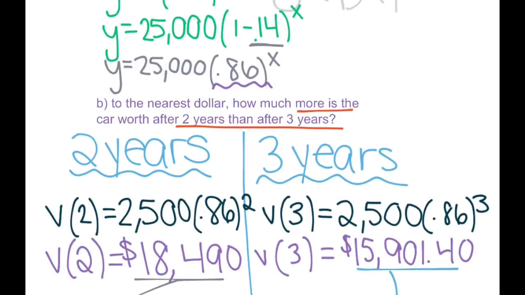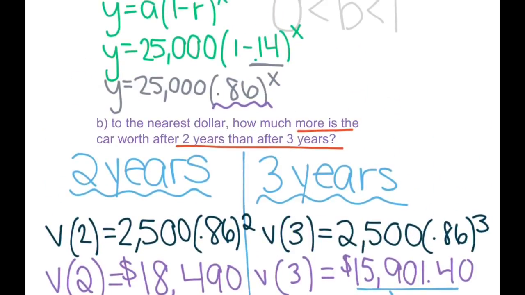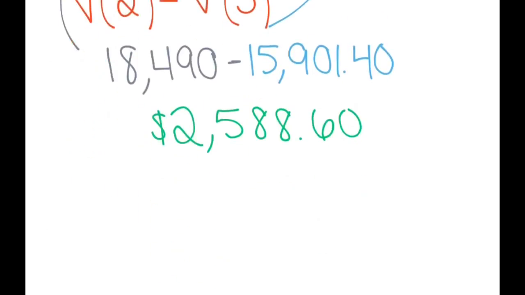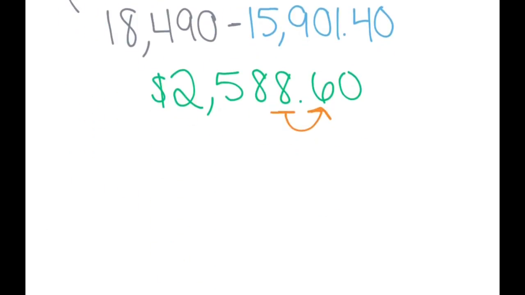But since they want to know to the nearest dollar, you round, and since 6 is 5 or above, you give it a shove, and it's $2,589.